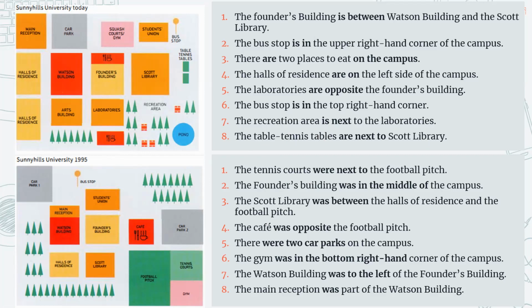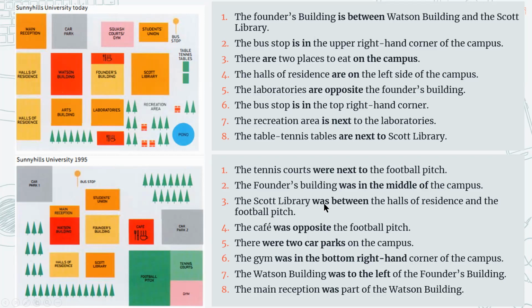Okay, so when you talk about changes, you might use the past simple tense, or sometimes the present perfect tense, as we are going to see later on in the lesson, inshallah. Okay, but if something changed from the past, when you describe the past, use the past simple tense.